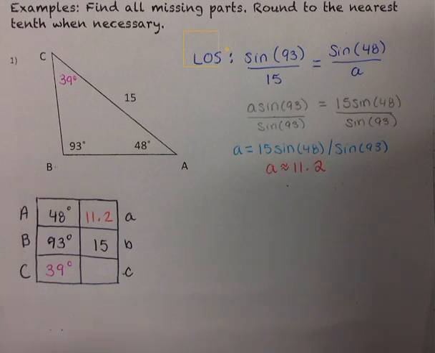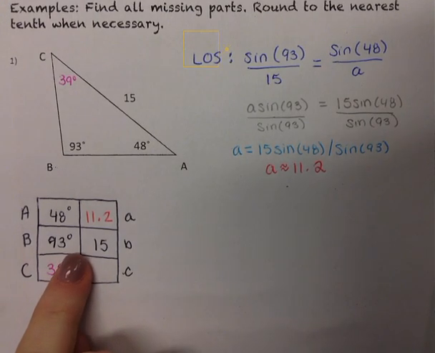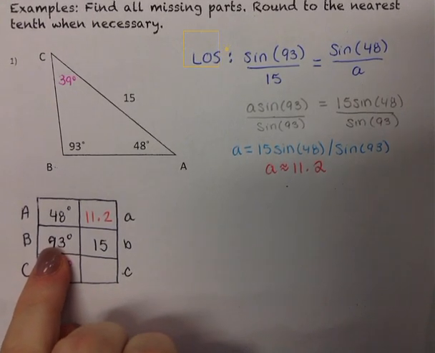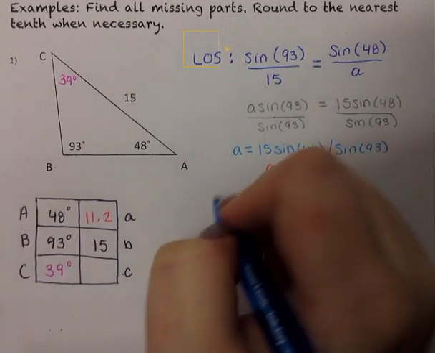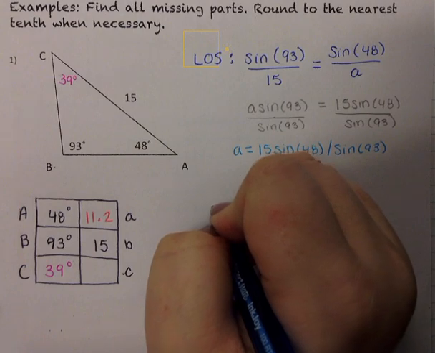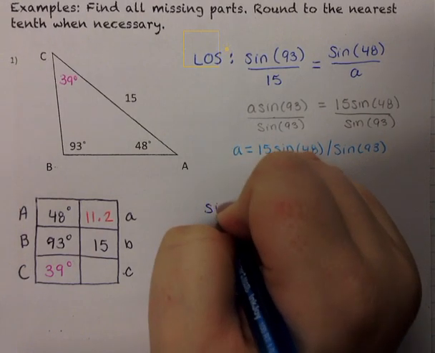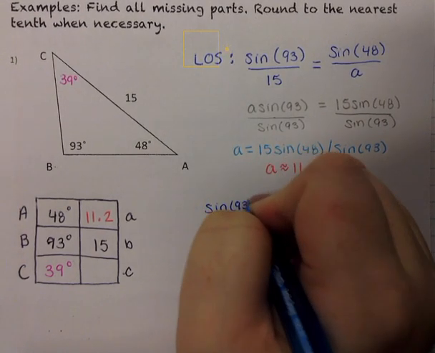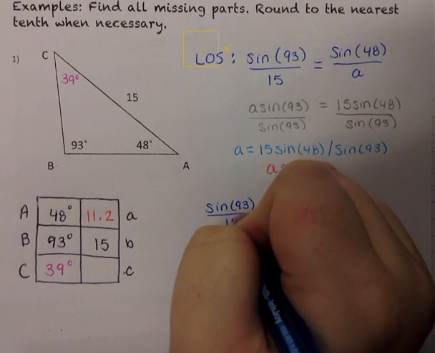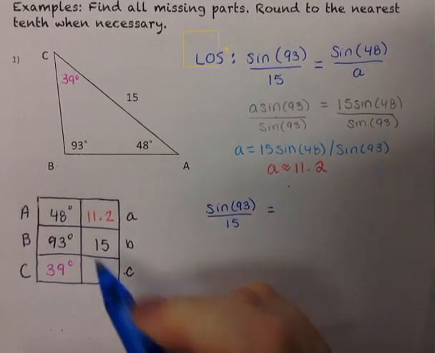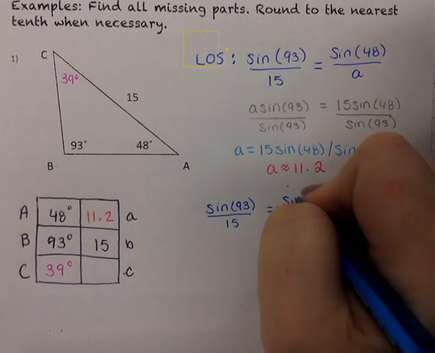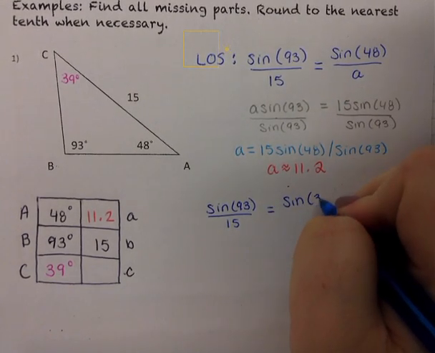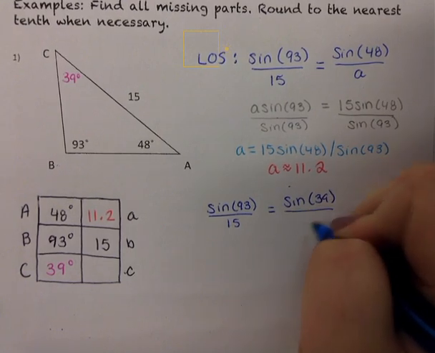That means that for my proportion, for my next law of sines, I'm going to still use sine of 93 over 15. That's my first fraction. So sine of 93 over 15 is equal to sine of our big C, 39, divided by little c.